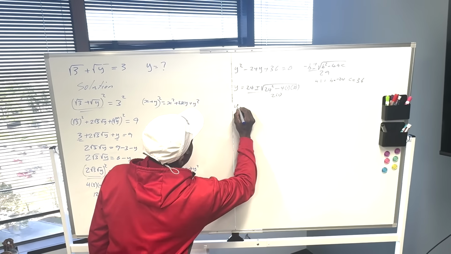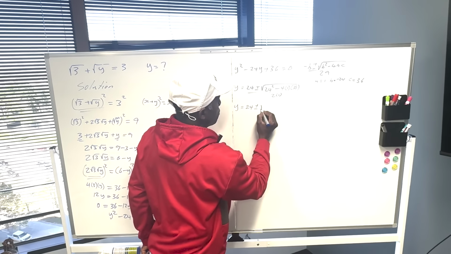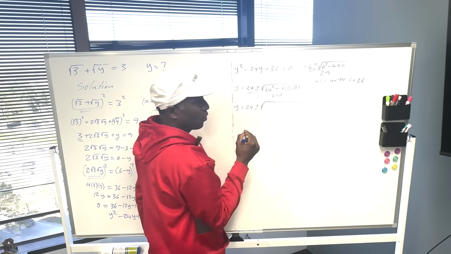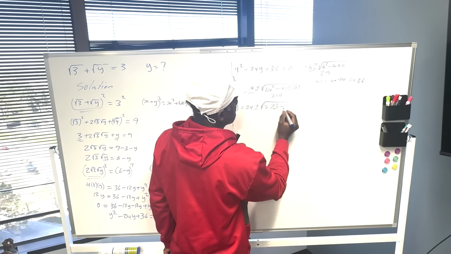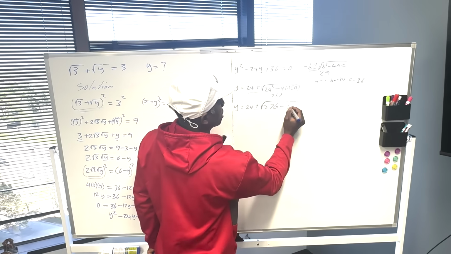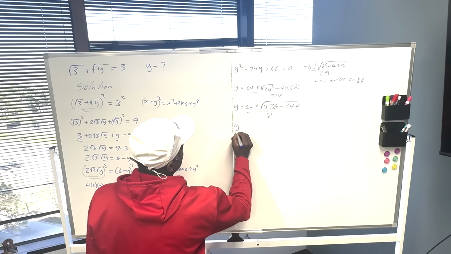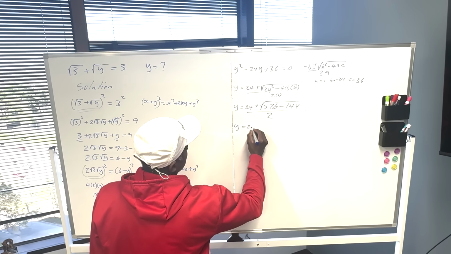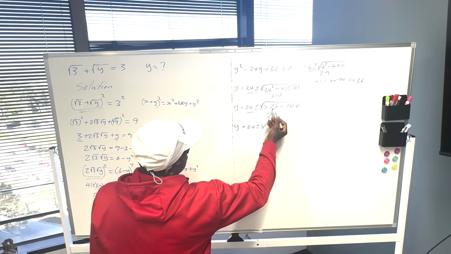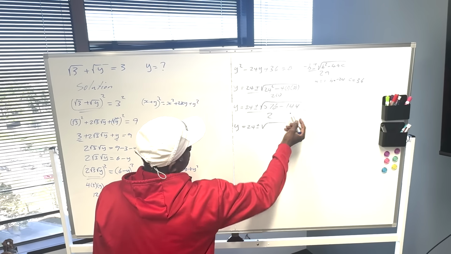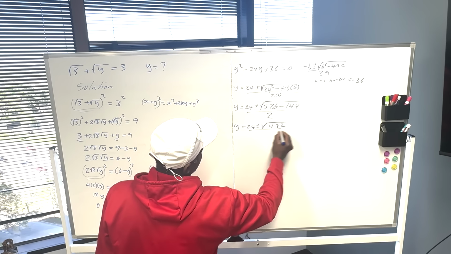So here we have y equals 24 plus or minus the square root of 24 squared, which is 576, minus 4 times 36, which is 144, divided by 2. So y is equal to 24 plus or minus the square root of 576 minus 144, I think it's 432, divided by 2.